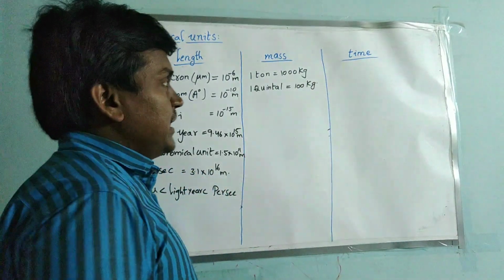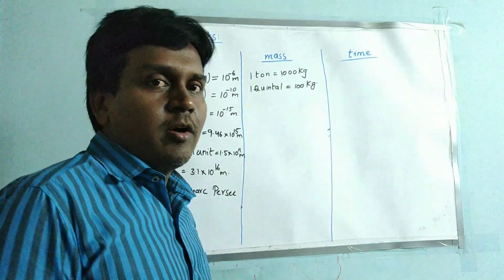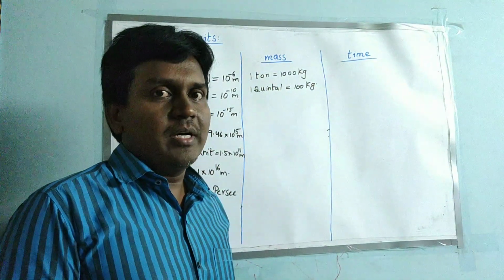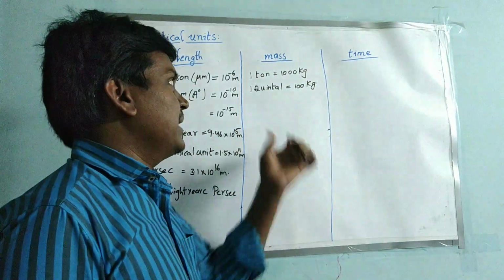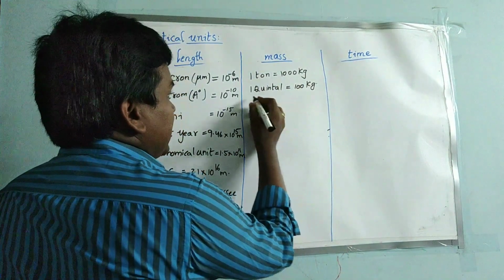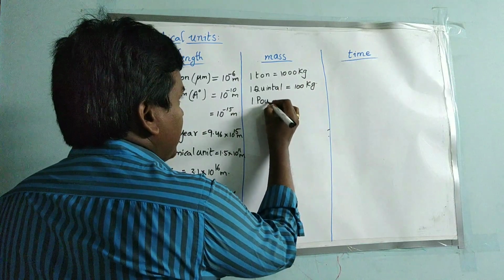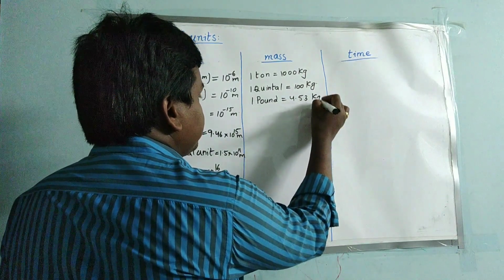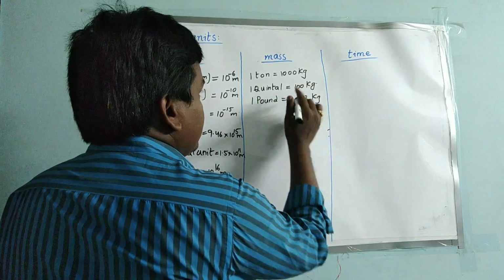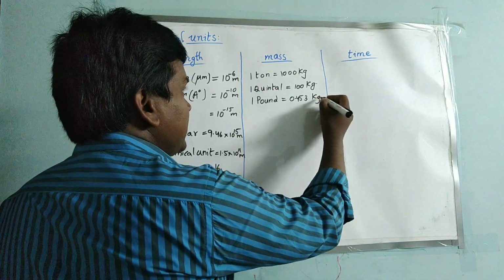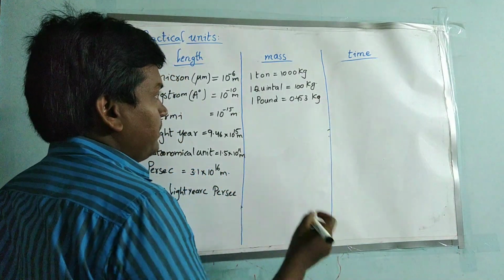The mass of a lorry or a lorry with load can't be conveniently expressed in terms of base quantities, so we use a practical unit here: 1 ton and 1 quintal. And next, 1 pound is equal to 0.453 kg. That means it is less than half a kilogram.